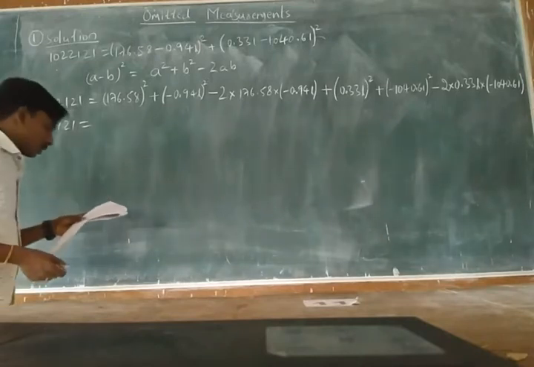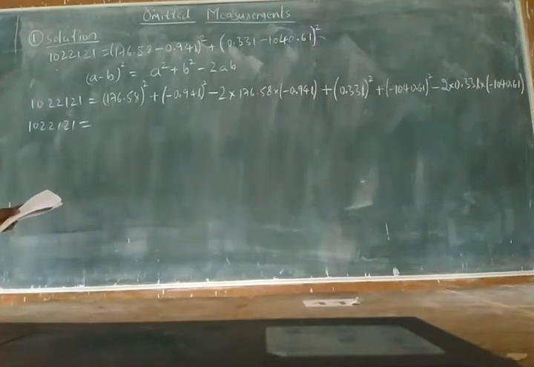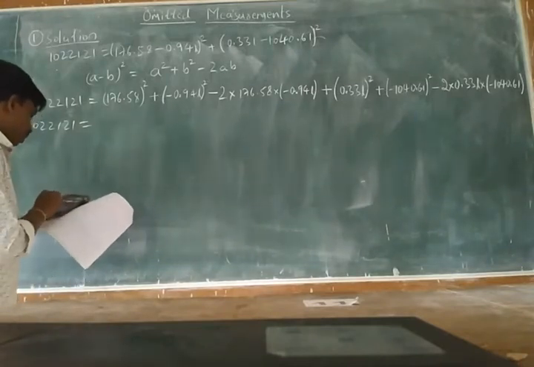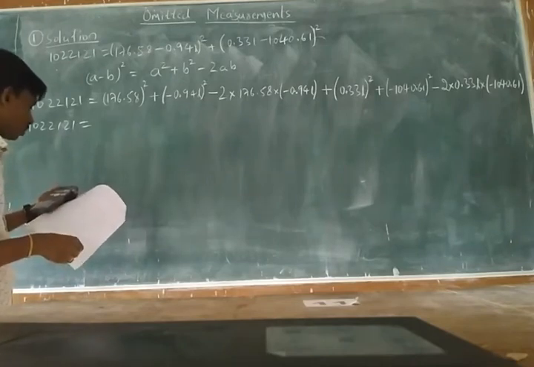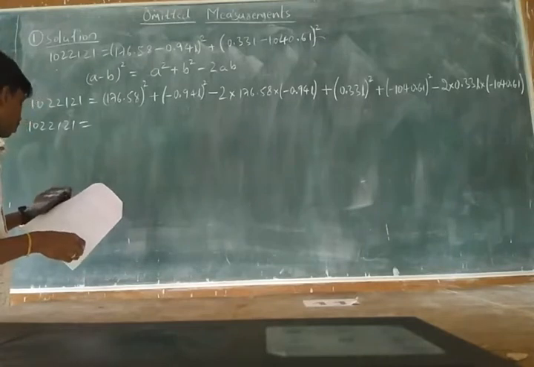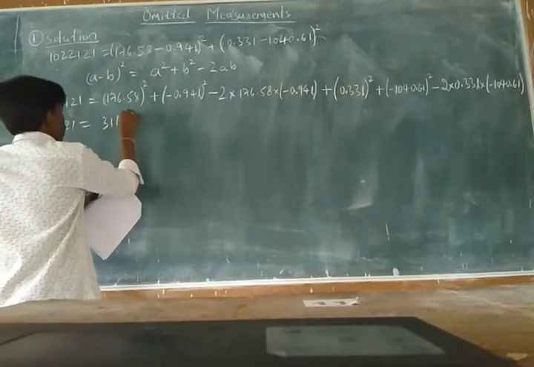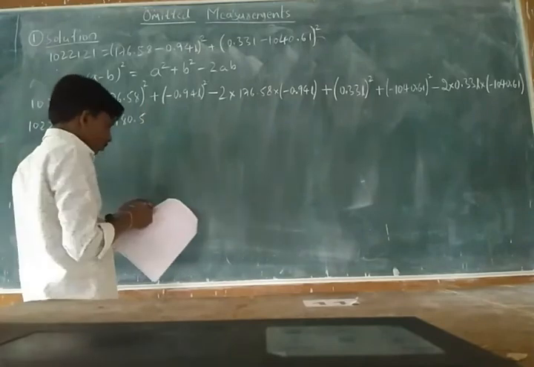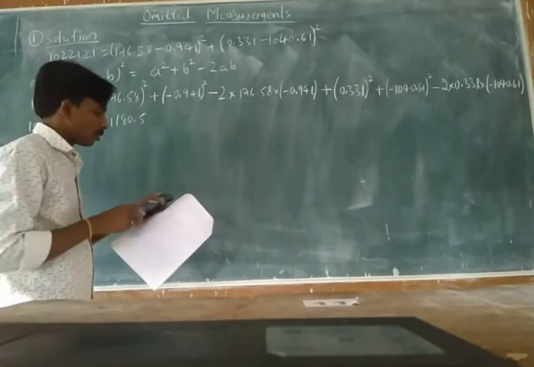Let's calculate in the calculator itself. 176.58 whole square, then we become 31180.49, that means 31180.5. So here it is plus, and we know minus 0.94 whole square, so L square will be common.